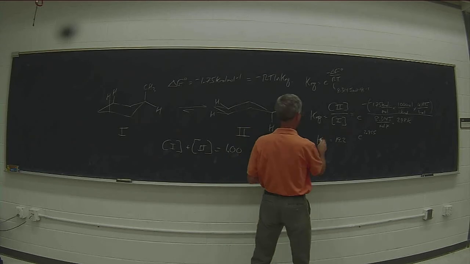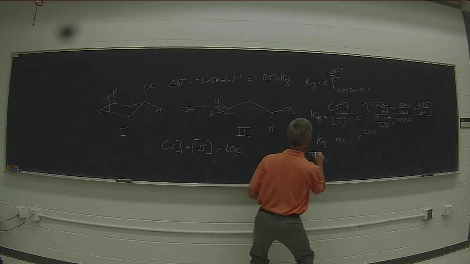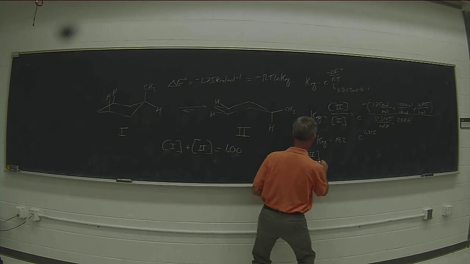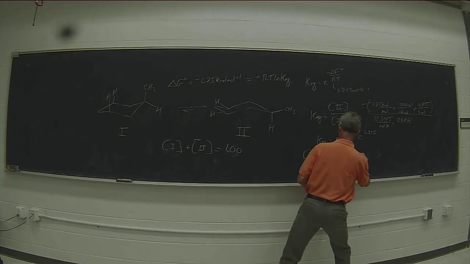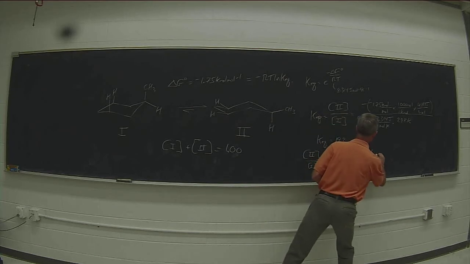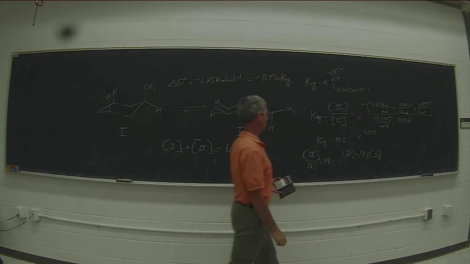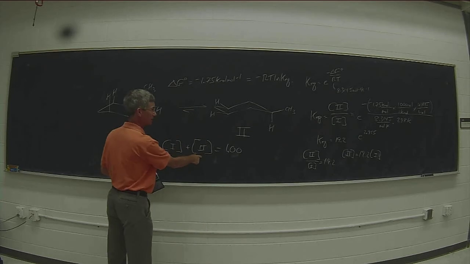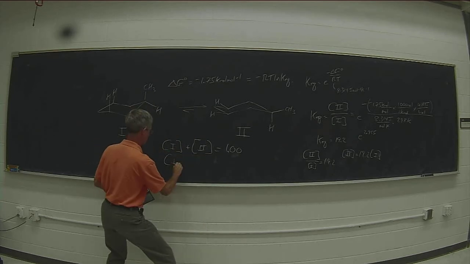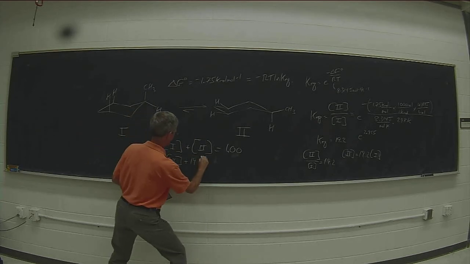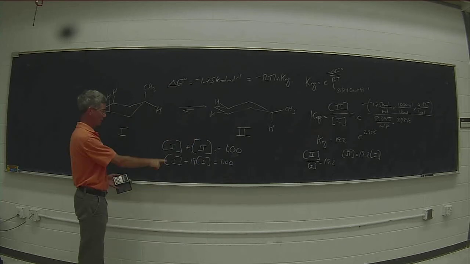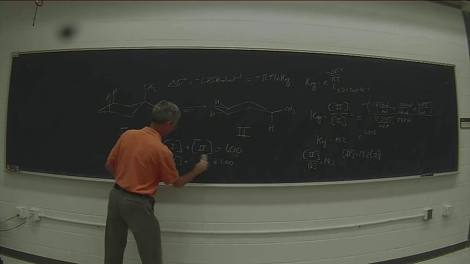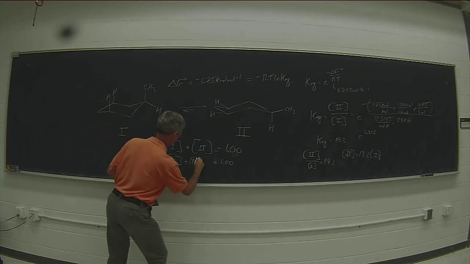So the concentration of 2 divided by the concentration of 1 is 19.2, and the concentration of 2 is equal to 19.2 times the concentration of 1. And I can now plug in 19.2 times chair 1 for chair 2.